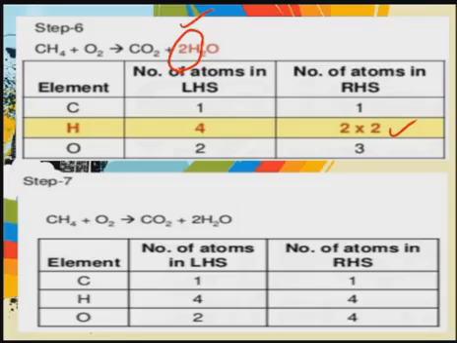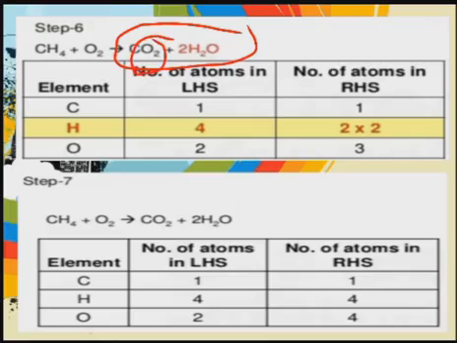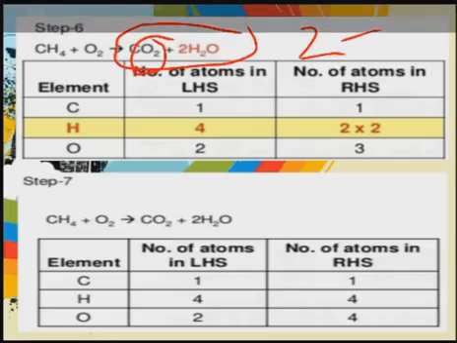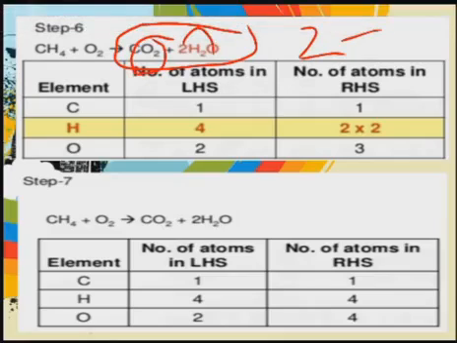Okay, now we are going to balance the number of oxygen atoms on both sides. Here you can see only 2 oxygen atoms, and on the right-hand side there are 3 atoms. But now, as you can see, the number of oxygen atoms changes on the product side. Here you can see 2 oxygen atoms, 2 plus this 2, now it becomes 4.